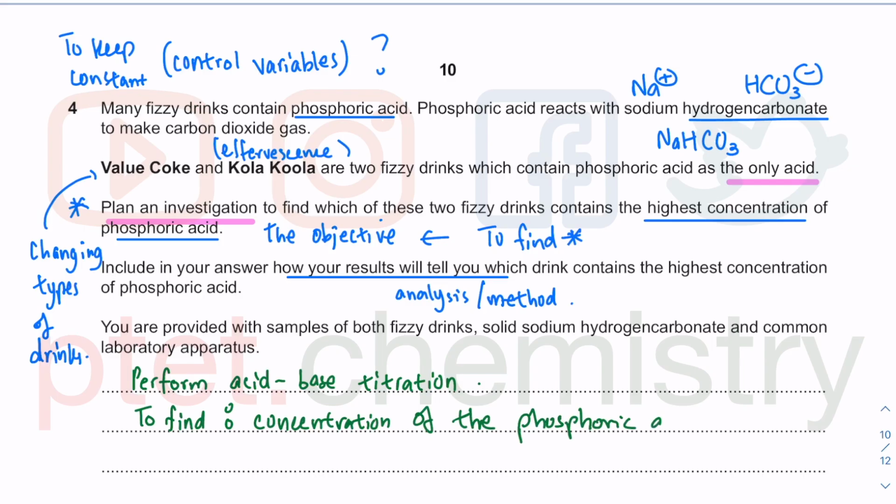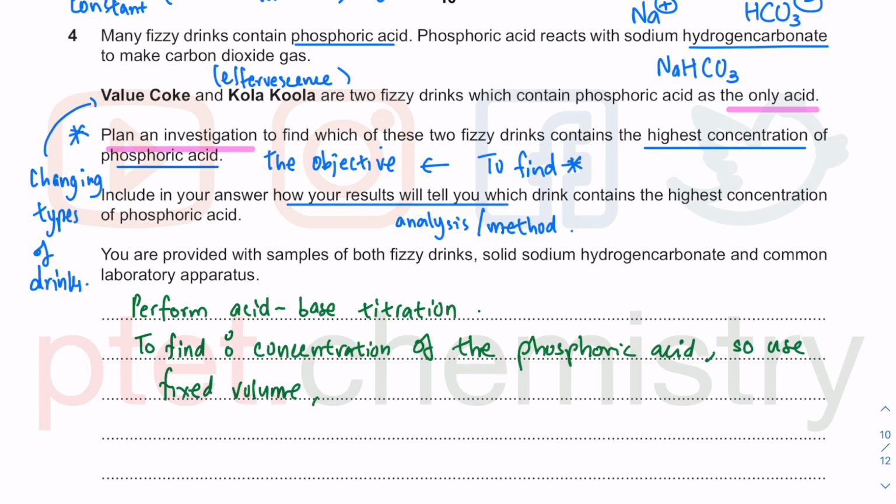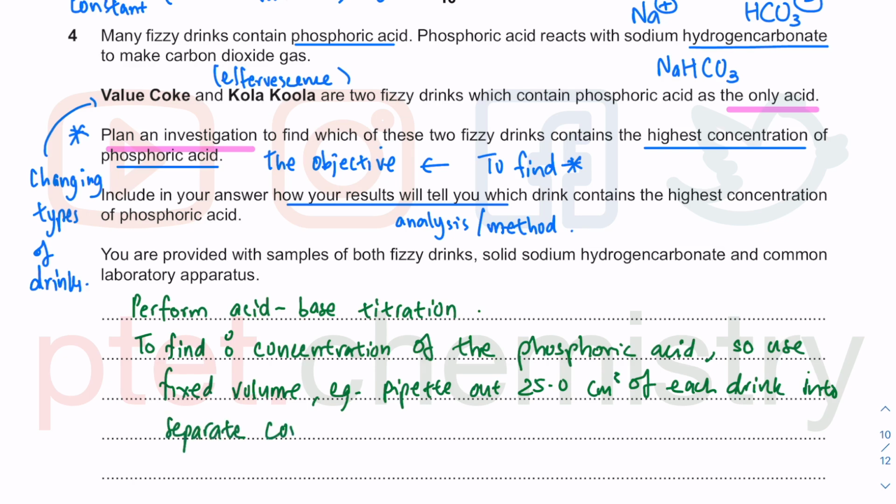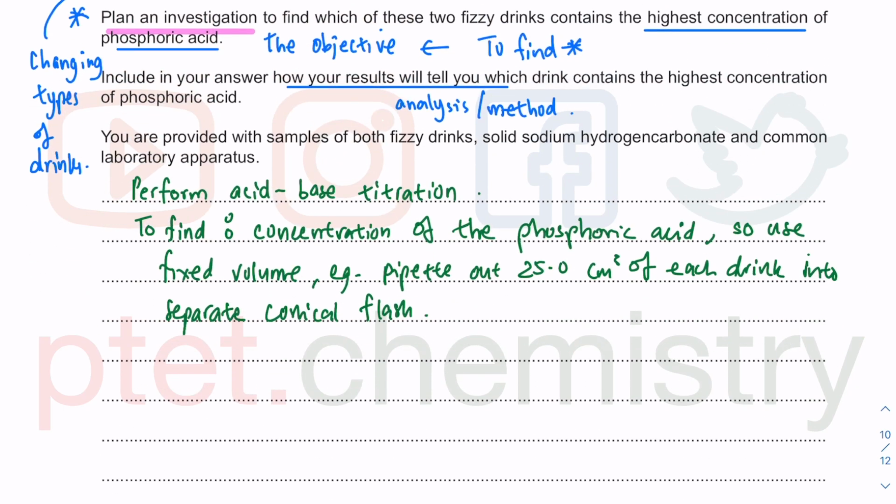So we will have a fixed volume. So use a fixed volume. For example, pipette out maybe 25.0 cm³ of each drink into separate conical flasks. So you're going to do different experiments, right? So you pipette out something into a conical flask. But what do we need?